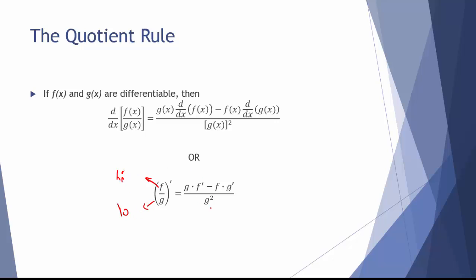So then your quotient rule becomes low d high minus high d low all over low low. Generally, walk into any math tutoring center and ask them for the quotient rule, and the math tutor will probably start talking to you about highs and lows. So that's just another way to remember it.